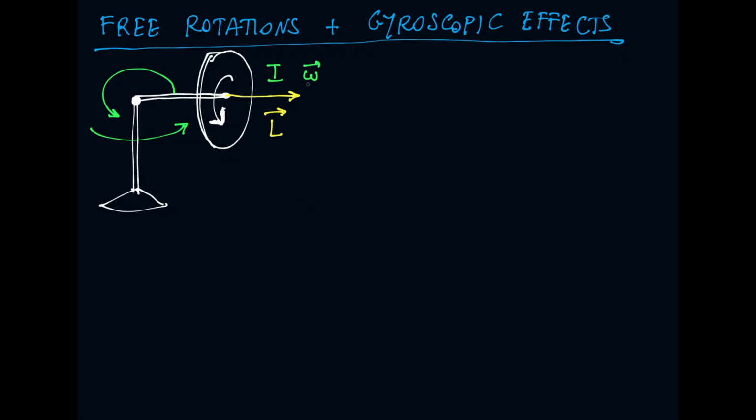And so that is the direction of the angular momentum, and we can look at what is the effect of any torques that are happening. There might be some sort of tensions along this shaft, but they apply zero torque because they're along the rotation axis.